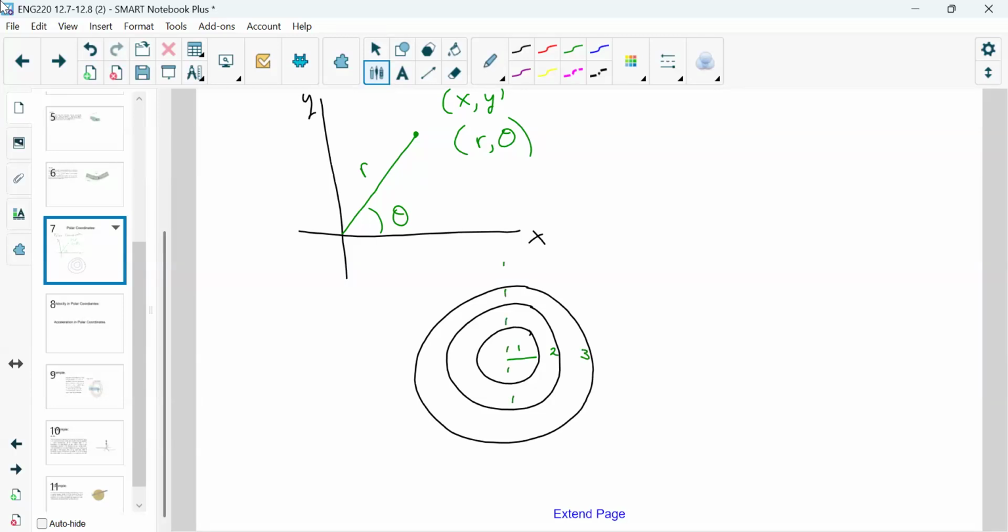And then you would look at theta. So if I have the point 3 comma 90 degrees, that point would then be there on a polar coordinate graph. Okay, I will put that in the notes.